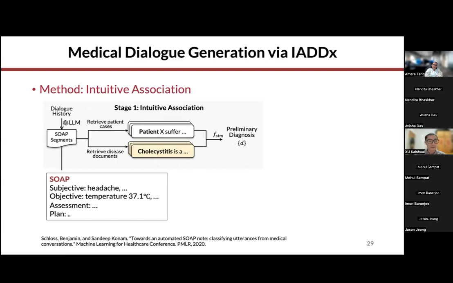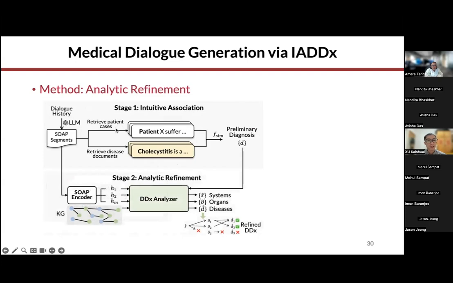And then we use the preliminary diagnosis set and use a DDX analyzer to refine the diagnosis set. Here we incorporate an external knowledge graph. This graph is combined with the SOAP segments to predict the affected systems, affected organs, and the possible disease.